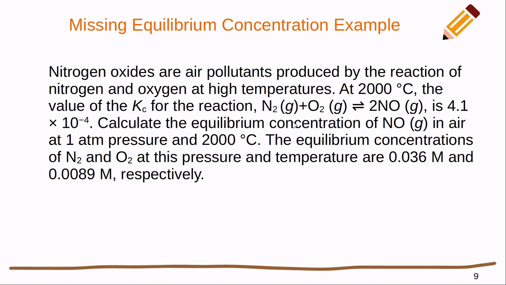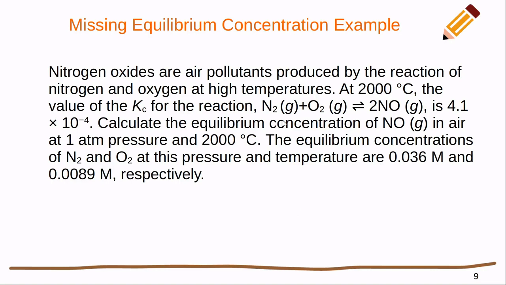Here's my temperature. Calculate the equilibrium concentration of NO gas in air at 1 atmosphere of pressure and 2000 degrees C. The equilibrium concentrations of N2 and O2 at this pressure and temperature are 0.036 molar and 0.0089 molar respectively.